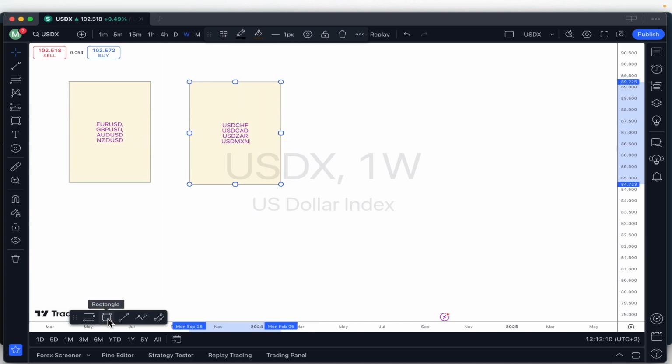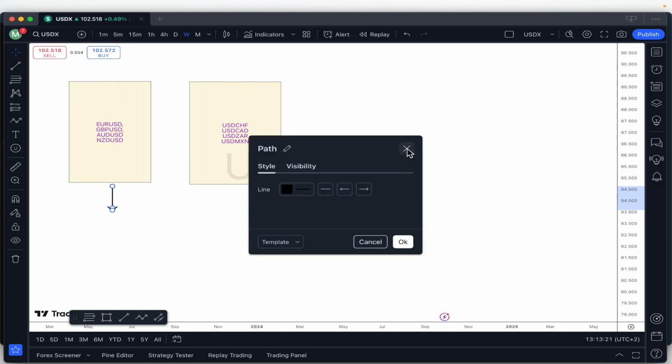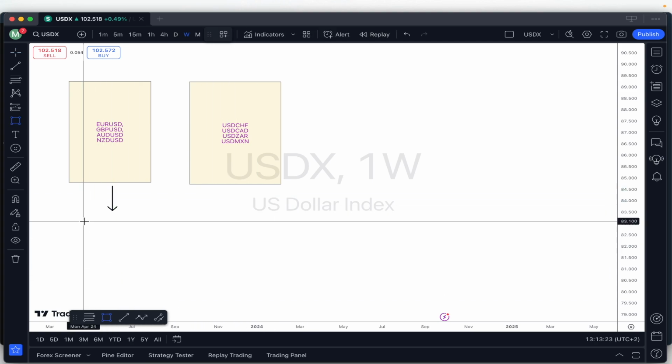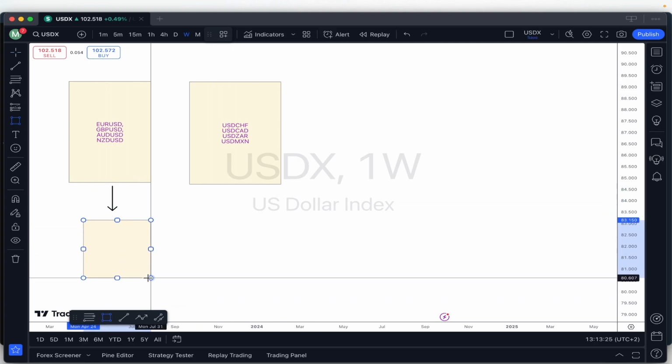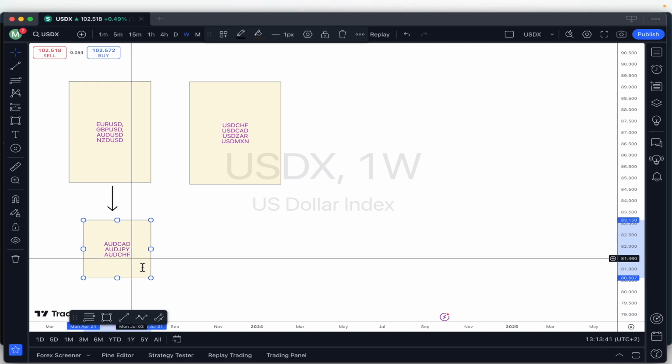Now, that also means that in the same class, you should be able to know what all the AUD pairs are going to do. So in this regard, we'll be talking about AUD CAD, AUD JPY, AUD CHF, etc., any AUD pair.